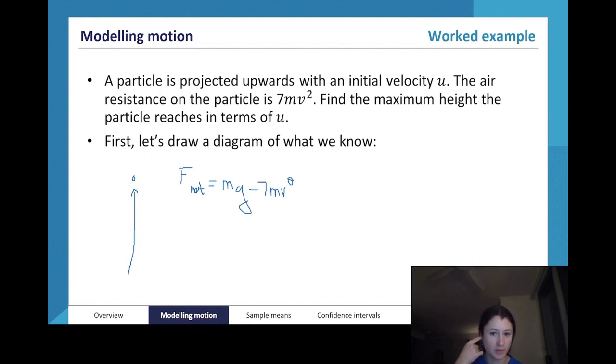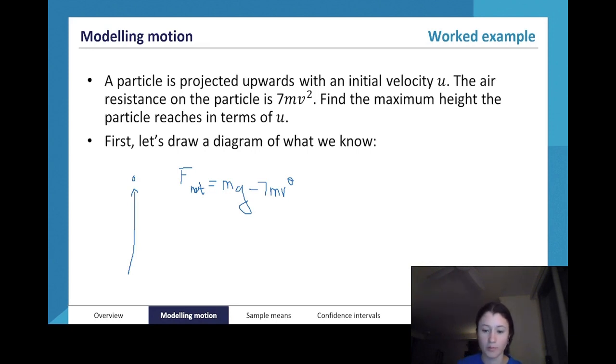So this is going to be the force on the particle. So, negative mg, and this gives the acceleration experienced by the particle.